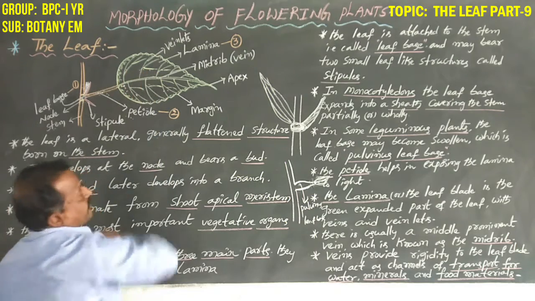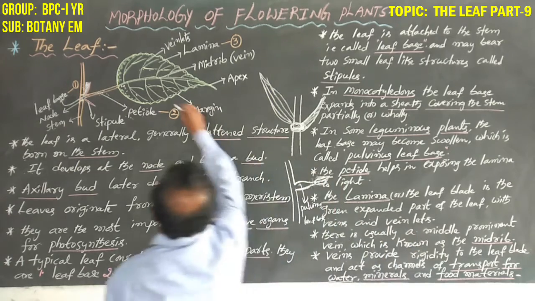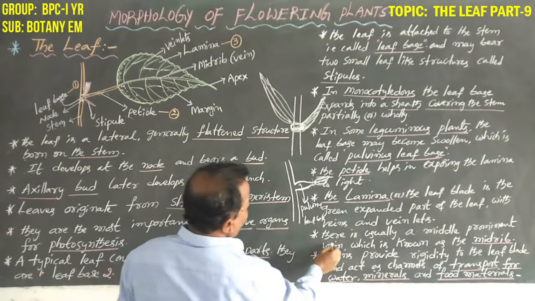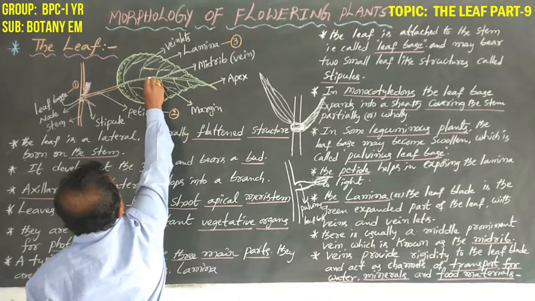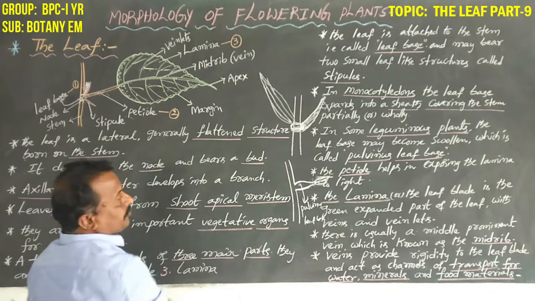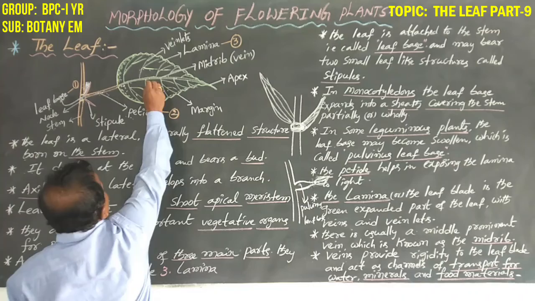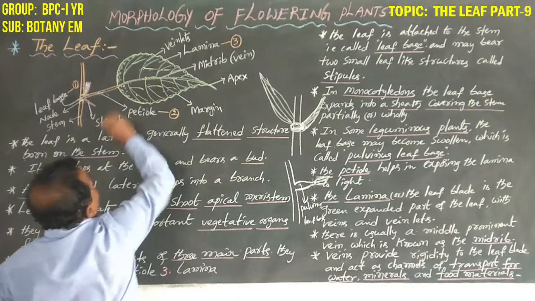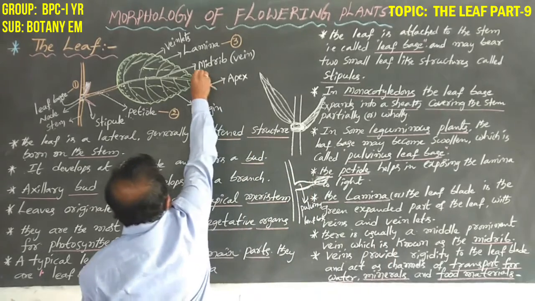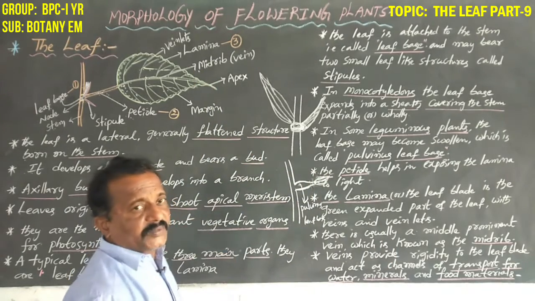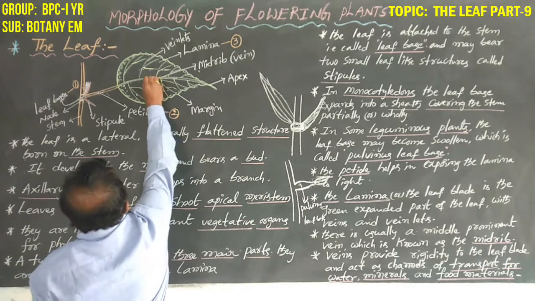Generally there is a middle prominent vein, larger in size and thickness. This vein is also known as the midrib, and the midrib is always located in the middle of the leaf.